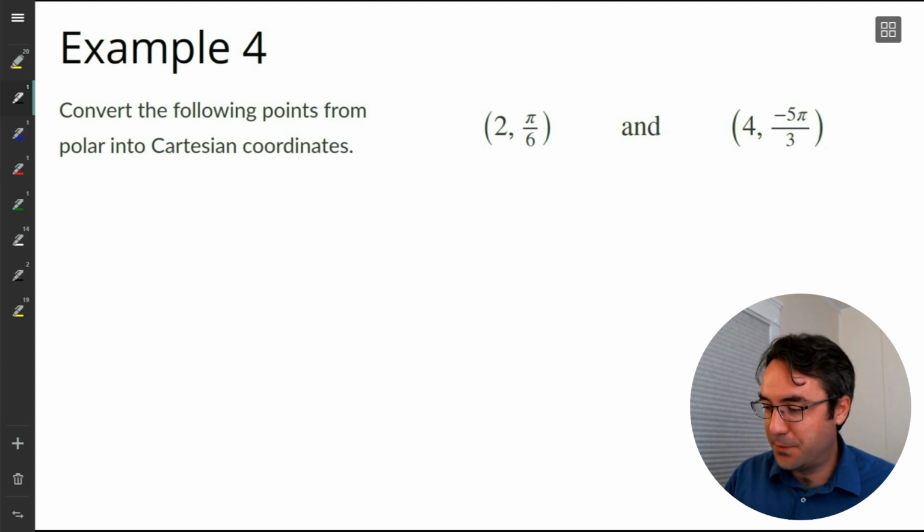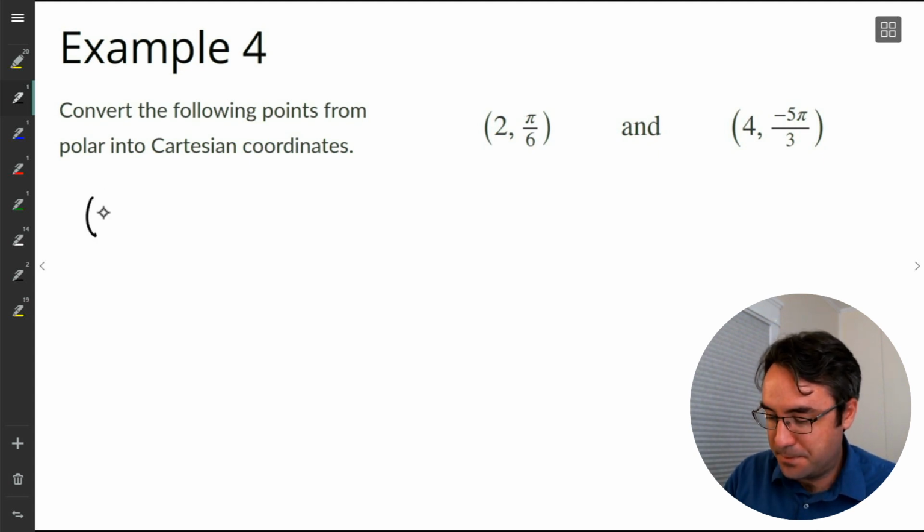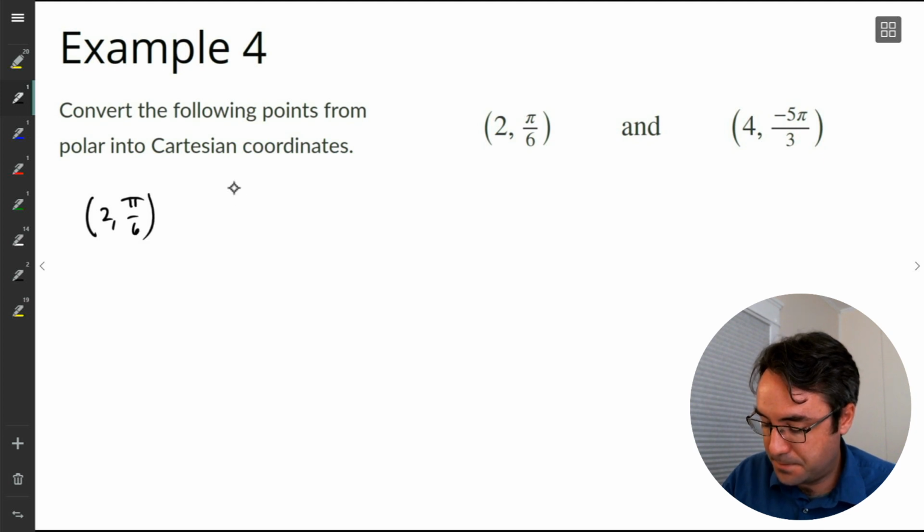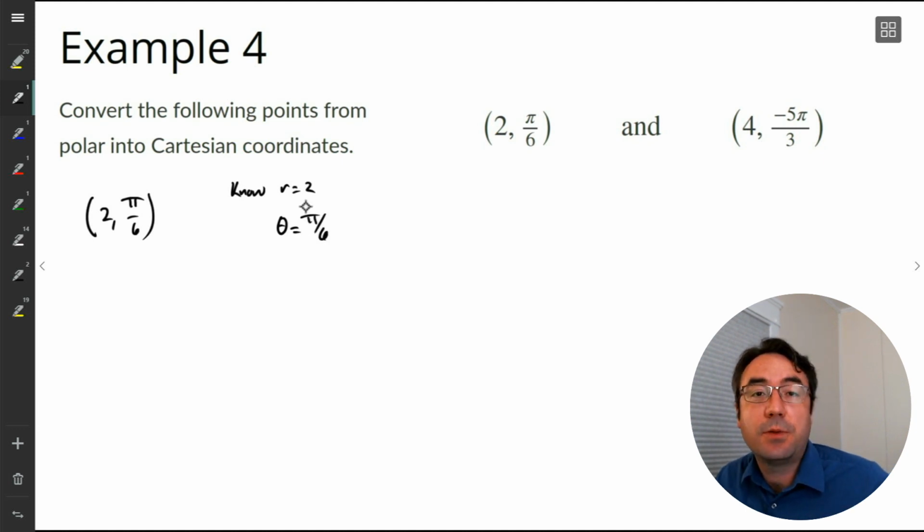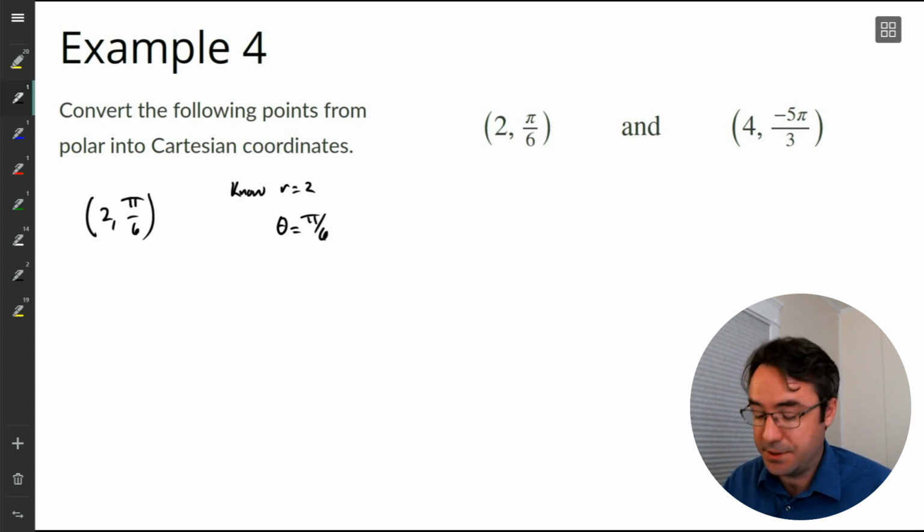So what are we going to do? Well, we know r is equal to 2 and theta is equal to pi over 6. So we're just going to plug those into our 2 equations.